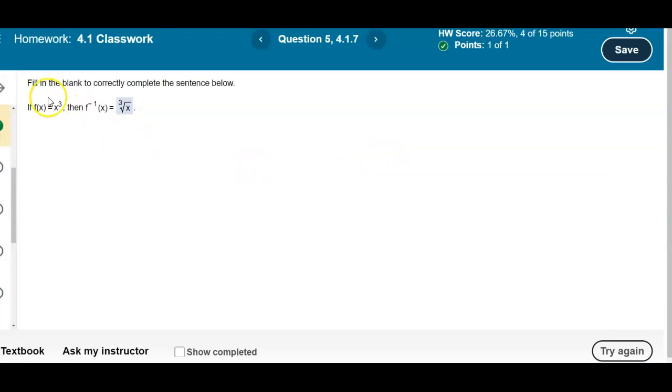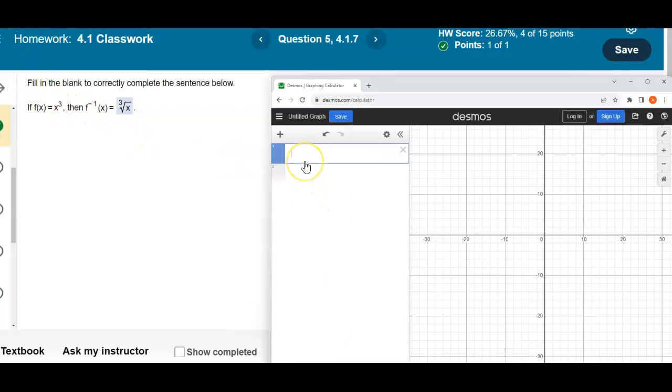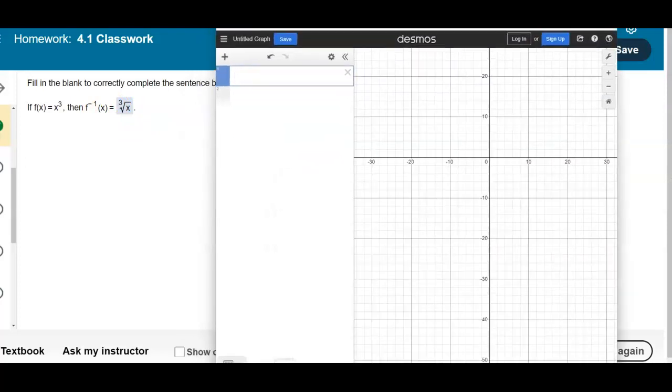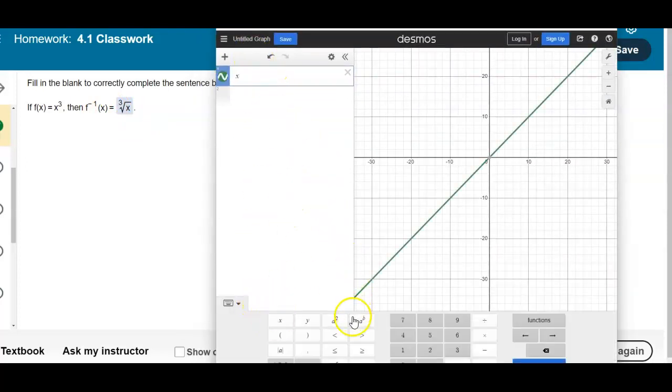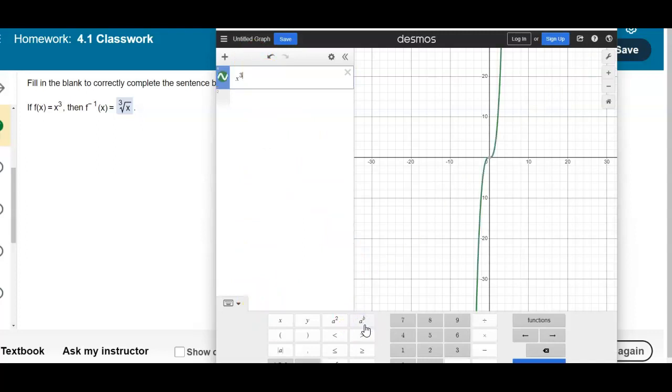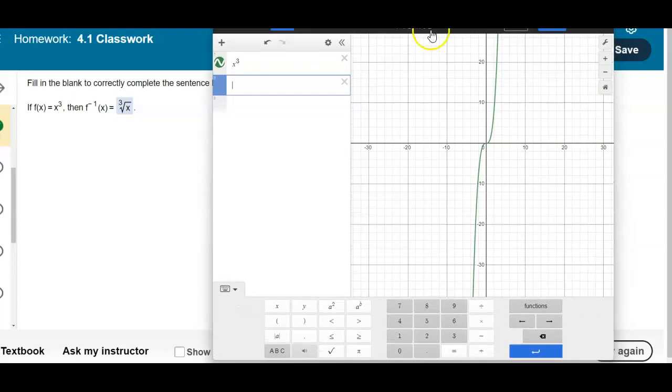Now let's check this on Desmos. Okay, so we're going to graph both of these functions. We're going to graph x cubed. So we have x cubed. And then we want to graph the cube root of x, which doesn't allow us to put that there.